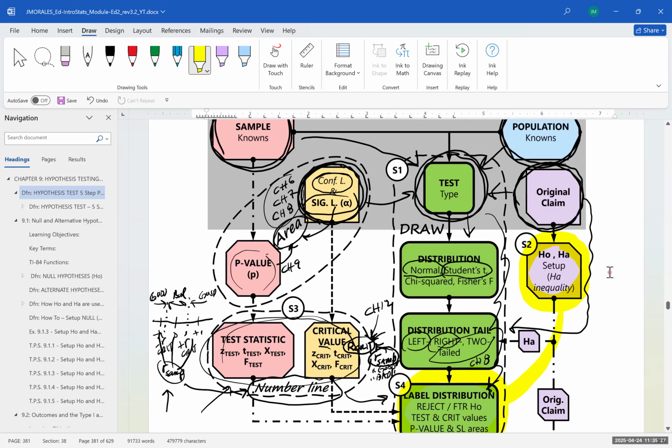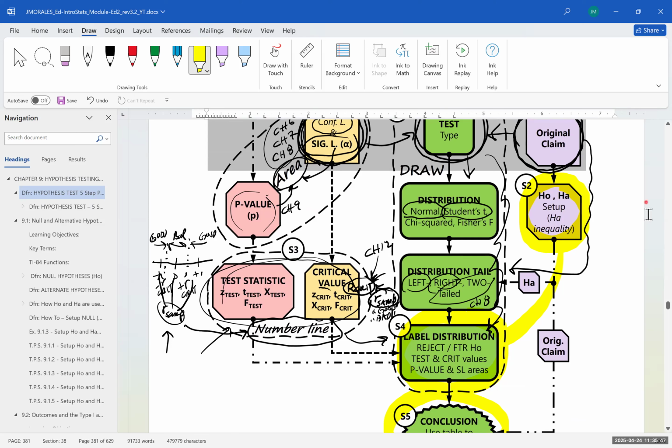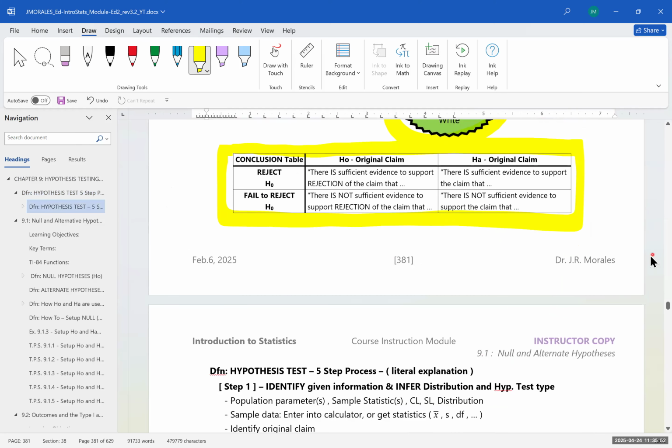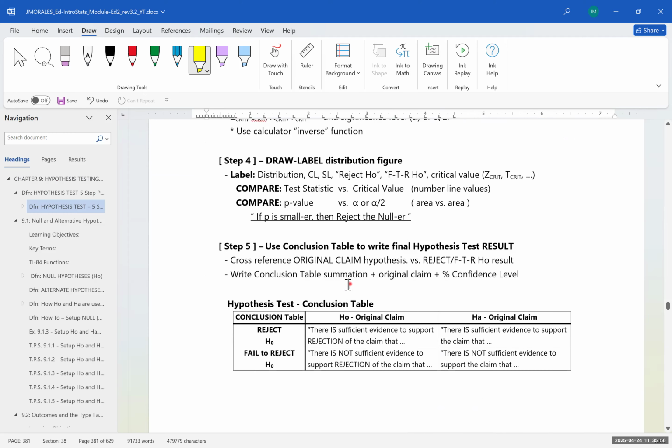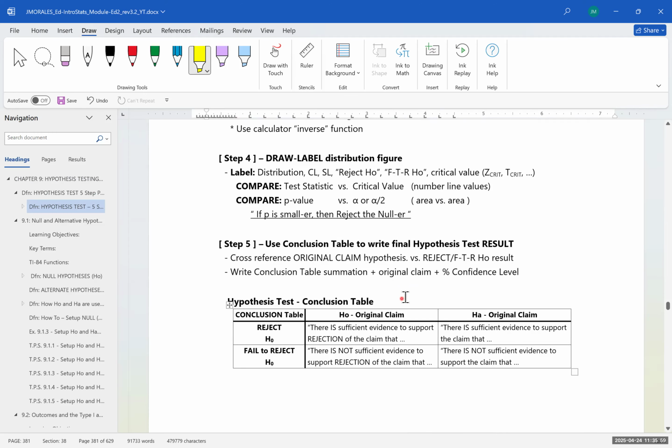So a lot of the components to a hypothesis test you've already learned, but you've learned them and used them independently of each other. Now we're going to be sewing all of these different components together and adding just a few more components and stitching those together in a sequence in order to complete this 5-step process in order to come to a conclusion about our claim at the end.